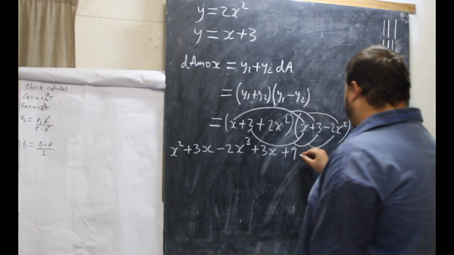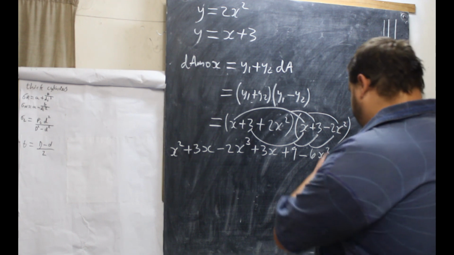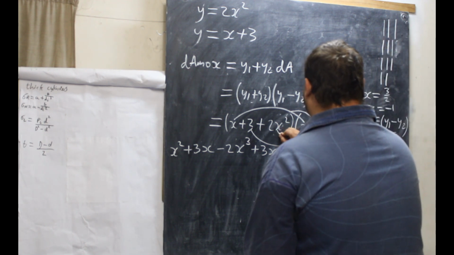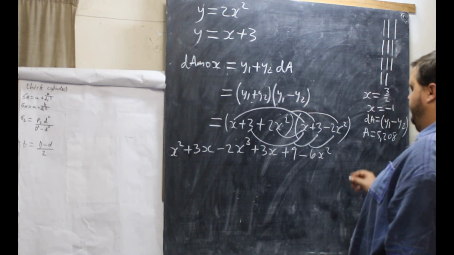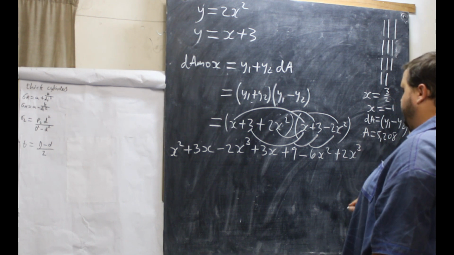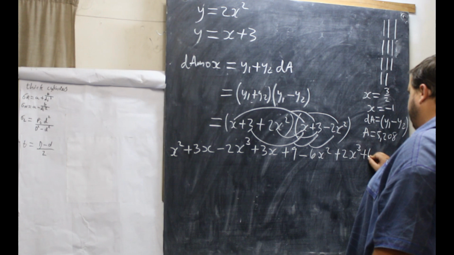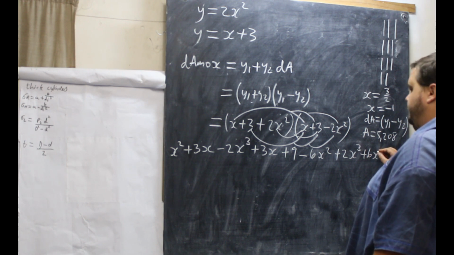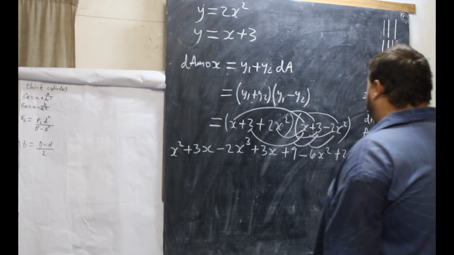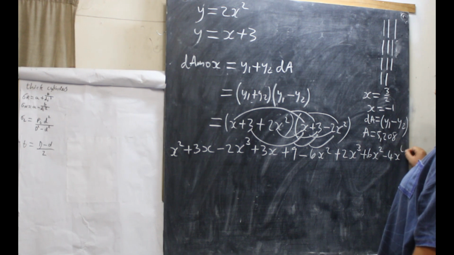And 3 times that is minus 6x squared. So now the next one. Plus 2x cubed, plus 6x squared, minus 4x to the power 4.